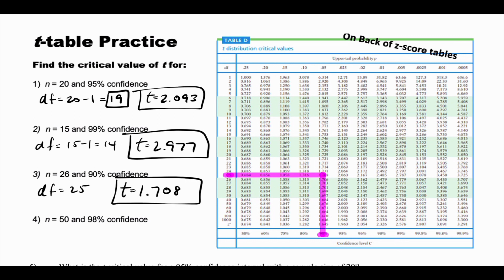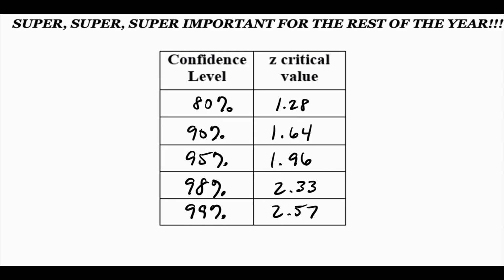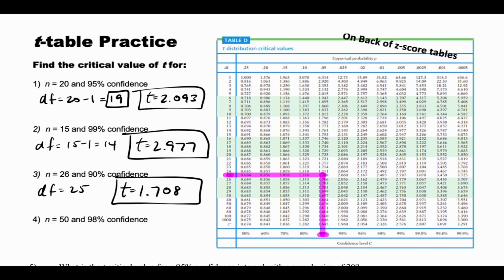Normal 95% confidence. Normal, what I mean when I say normal, I mean Z is 1.64. Okay? As my degrees of freedom goes up, I'll get closer and closer to that number. Okay?